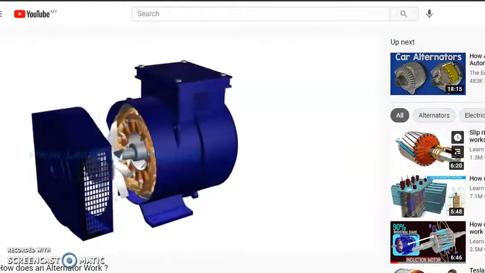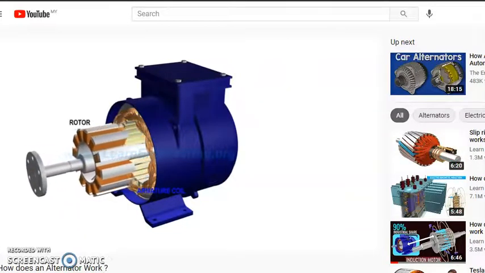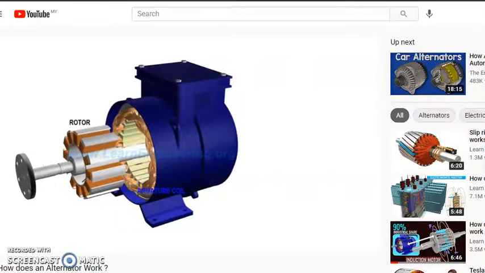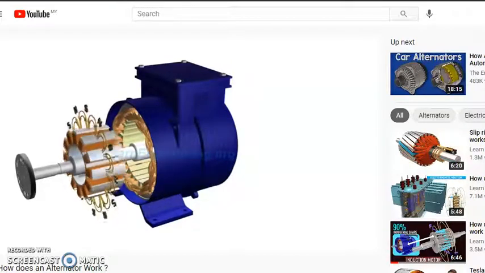Rotor and armature coils are the two main parts of an alternator. The rotor produces a rotating magnetic flux. Armature coils are stationary. And the rotating magnetic flux associated with the rotor induces electricity in the armature coil.